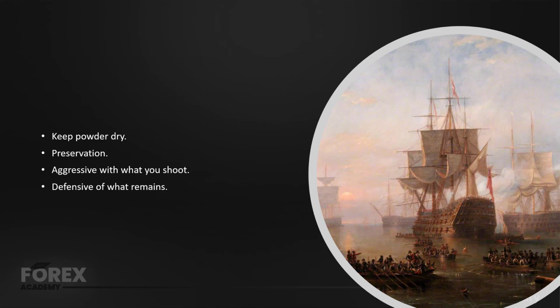And so if you commit all of your capital to the euro dollar trade, what are you going to have left if there's an awesome trade that shows up on the euro pound? You're going to have to peel some off, maybe at a loss in one trade.